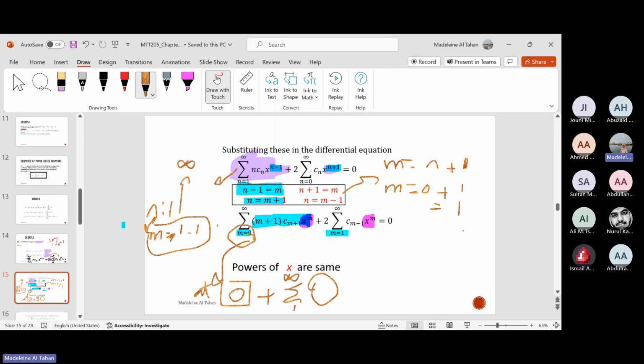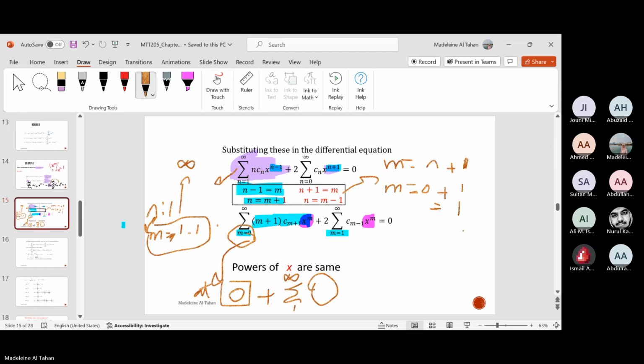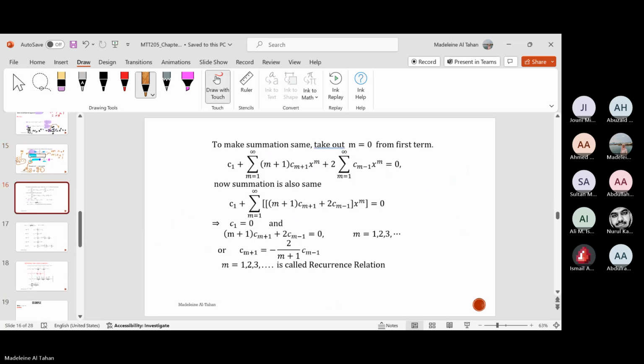At m equals 0, substitute 0 plus 1, c1 x power 0. So what will we get? c1. So we will get c1, this one when we evaluated it at m equal to 0. And then from 1 to infinity, this 2, as we said, we can put it inside.